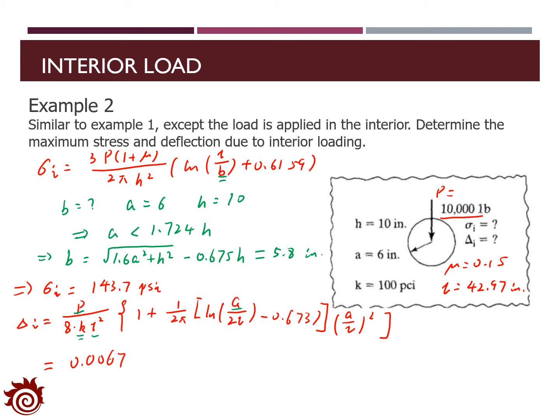By comparing with the first example, you can see that the deflection is much smaller than 0.0502. So that's also the reason we say that the interior load is less important than the corner load.